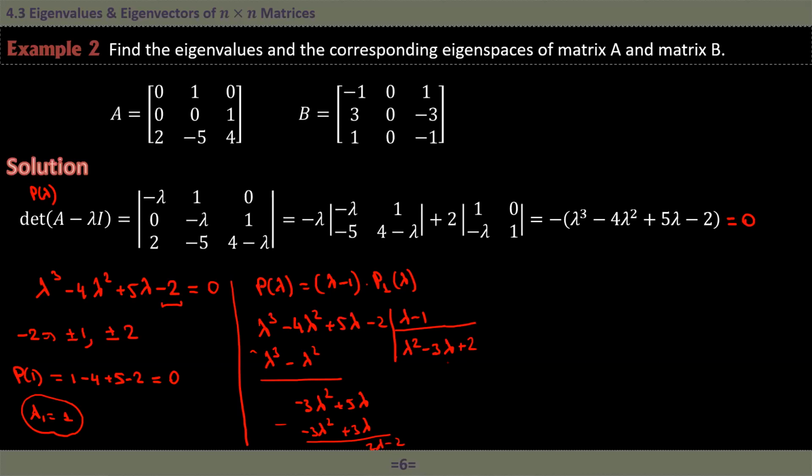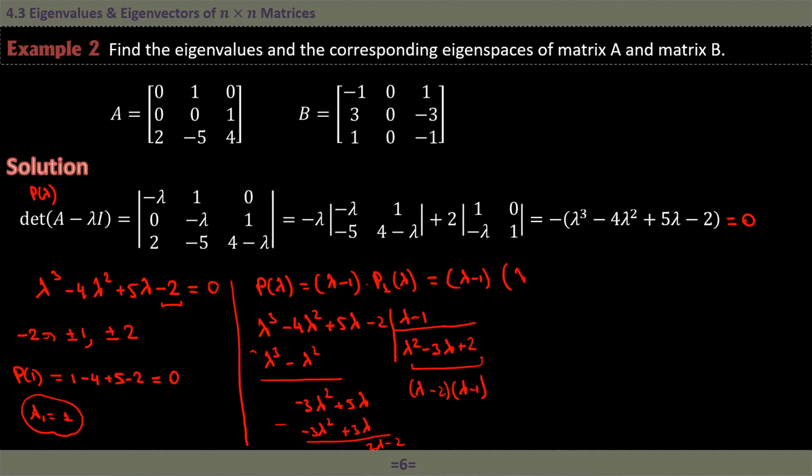All I'm trying to show you here is how we find the other solutions. So now that means I can write it as lambda minus 1 times lambda squared minus 3 lambda plus 2. And I can also factorize this, that's equal to lambda minus 2, lambda minus 1.